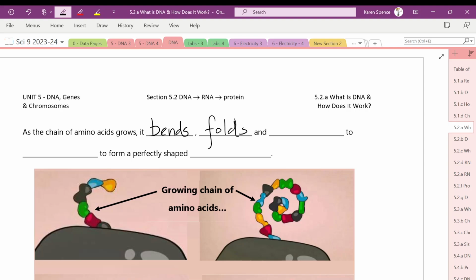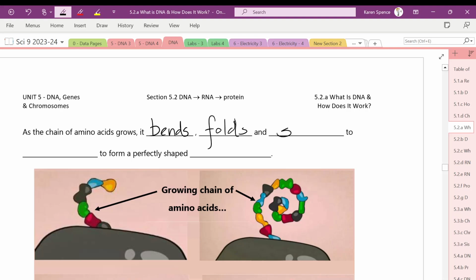So let's just pretend my arms are the amino acid chain. If this elbow was positive and this hand was negative, it would fold like that, yes? It's more sophisticated than that, but that's the general idea. It would fold just like that.